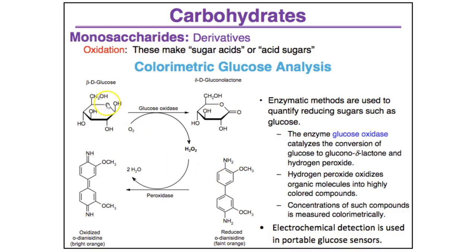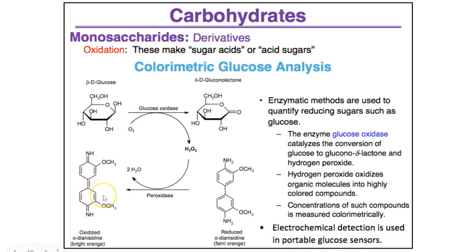For a colorimetric analysis of glucose, you have an enzyme called glucose oxidase. That enzyme oxidizes the sugar, thus producing hydrogen peroxide, which oxidizes an organic molecule, which is a dye.